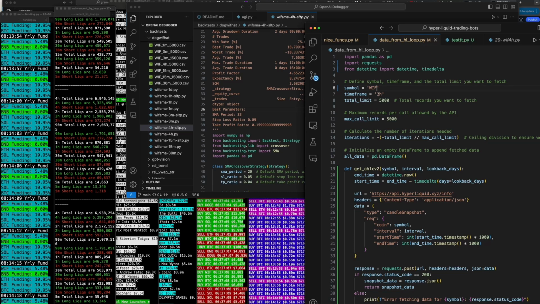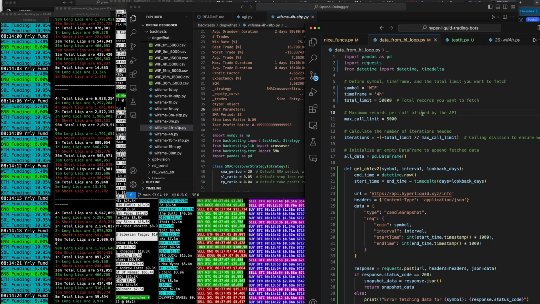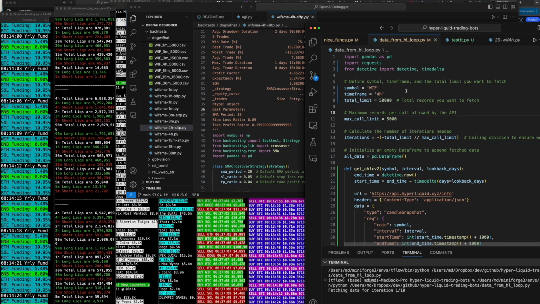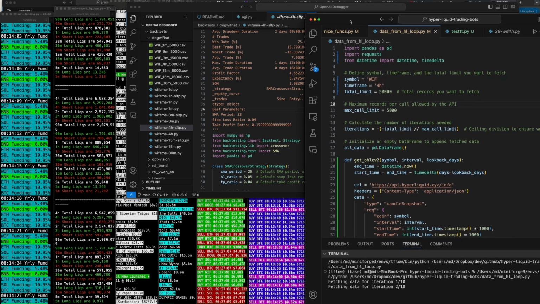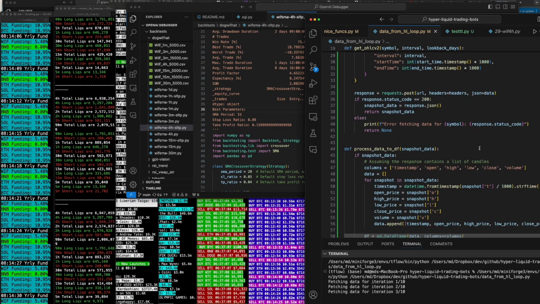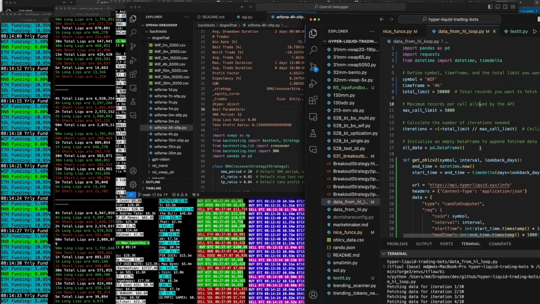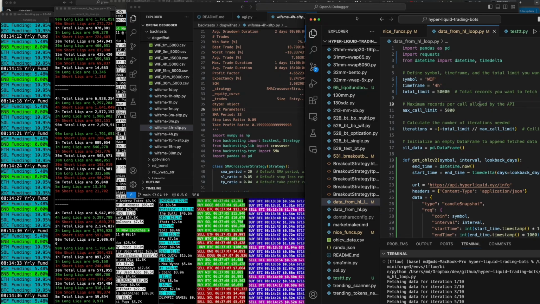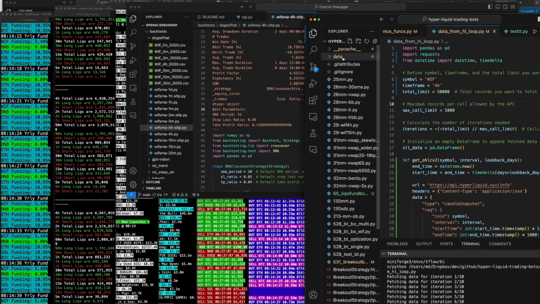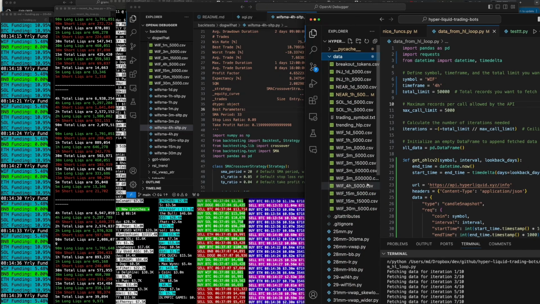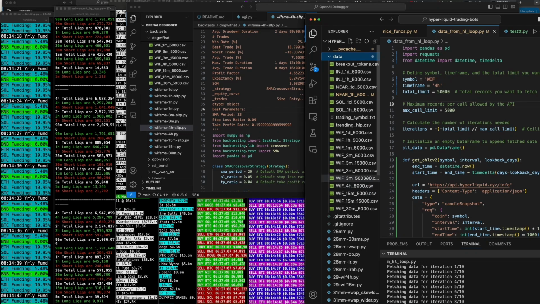So I'm going to get some WIF here, and I should get it on the 4-hour. I don't know how many bars we can get, but I want all of them. Fetching data. Perfect. It should output it into the right column, to WIF 4-hour 50,000.